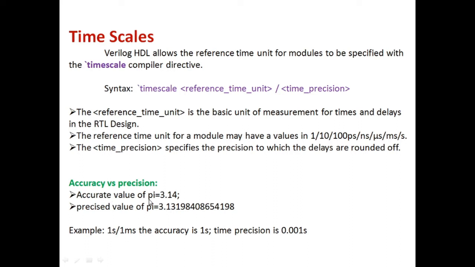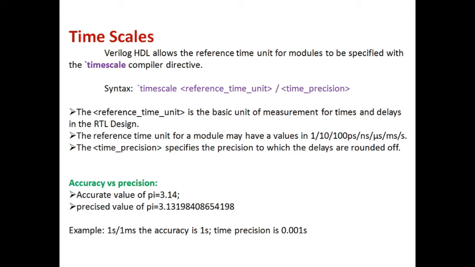In our mathematics, we do have a symbol called pi, and the value of pi is generally 3.14. So what is the accurate value of pi? We can say it as 3.14, and what is the precise value of pi? It is 3.131984 and so on. That means here, what do precision and accuracy convey to us?